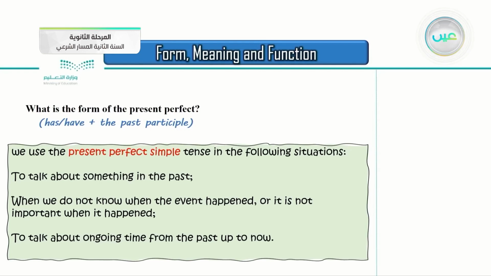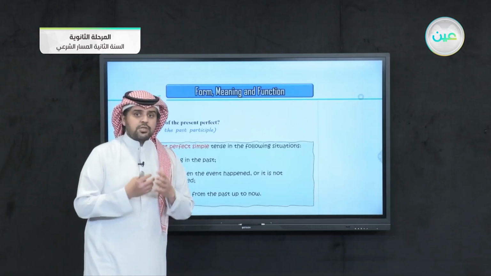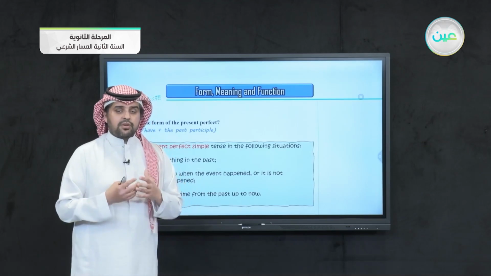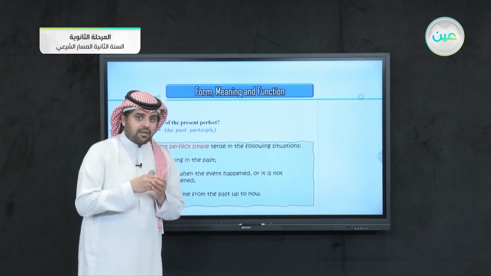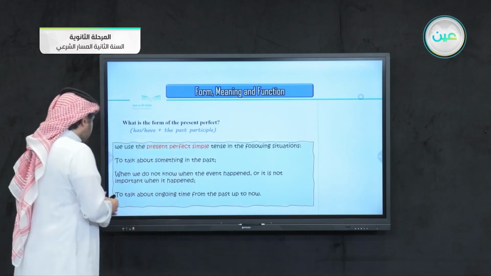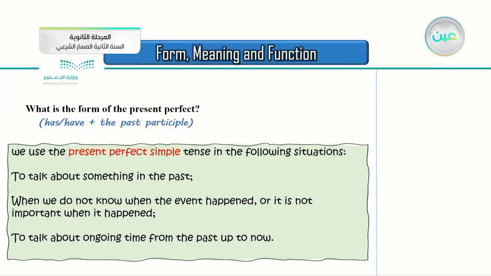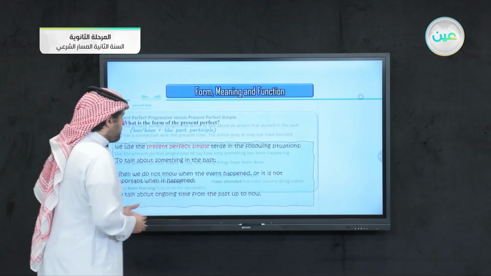So the second point here is that we use the present perfect simple when we don't know when the event happened in the past. We don't know, or just we don't care. It's not important to mention the specific time of the action. The third one here, to talk about ongoing time from the past up to now. From ongoing time, something that started in the past and is still continuing and is still happening until now.